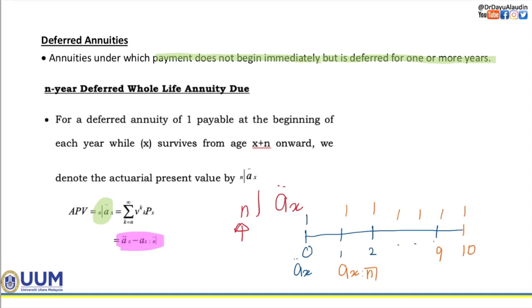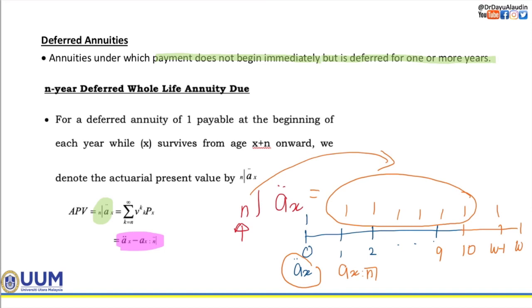So this one is equal to the annuity due for whole life until omega minus 1, minus this payment because it is deferred for n years. So we can also use this equation.